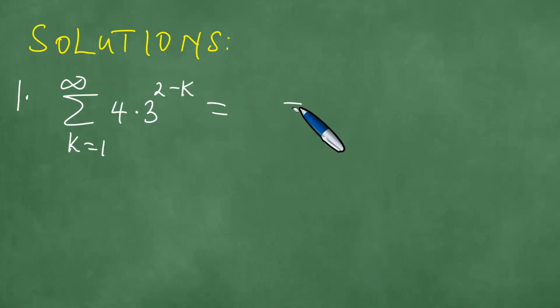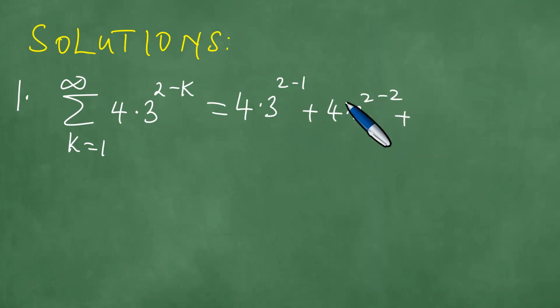So let's just write a few more steps here to make sure that this makes more sense. Okay, so when k is 1, you substitute. So this is going to be 4 times 3 to the power 2 minus 1 plus 4 times 3 to the power 2 minus 2. Plus, let's do 3 terms, 4 times 3 to the power 2 minus 3, and so on.